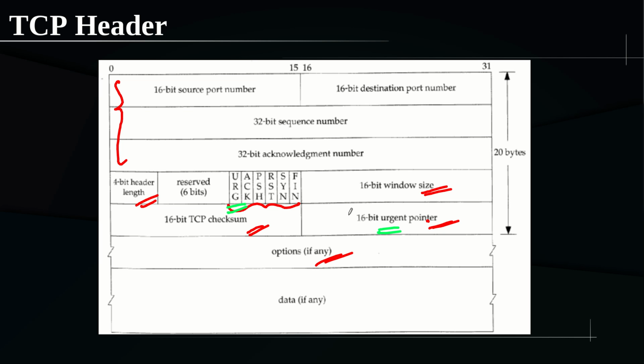So what is the content of the urgent pointer field? It is a kind of offset with respect to the first byte, telling at what distance the urgent data is residing in that particular segment. Once you start sending something, the important data may be somewhere at the end of the other data.